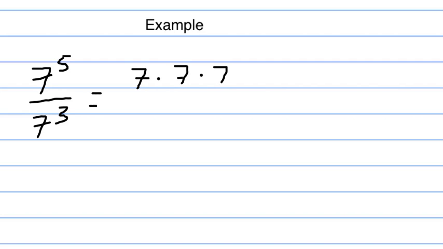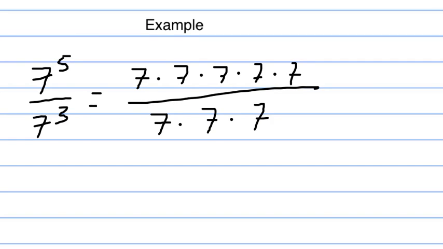Okay, let's look at the example that you have on your notes. We have 7 to the 5th power divided by 7 to the 3rd power. I've written that out so that you can see how many 7s are in the numerator and how many 7s are in the denominator. In order to see how many 7s will be left, we're going to match them up and cross them out, because 7 divided by 7 is 1, 7 divided by 7 is 1, 7 divided by 7 is 1.